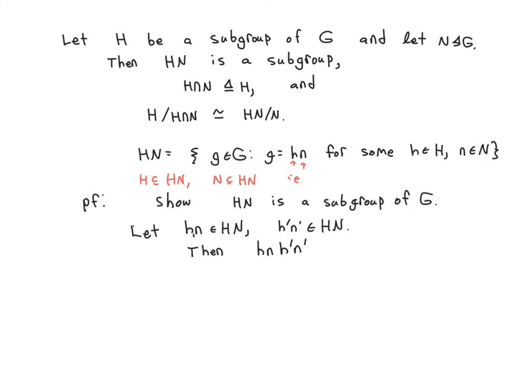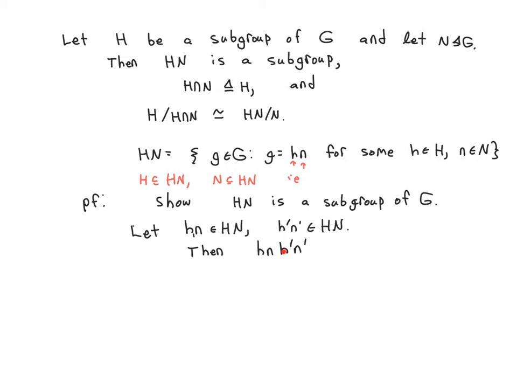We want to show it lies in this set, so we need to be able to rewrite it to look like the product of something in H times something in N. Apparently it doesn't look like it. And so the way to do this is to take advantage of the fact that N is normal in G.